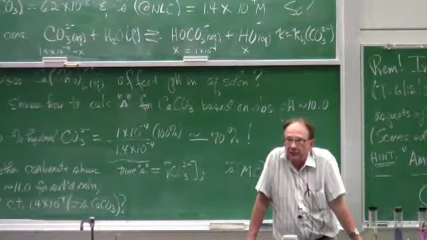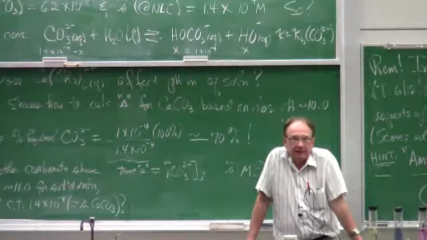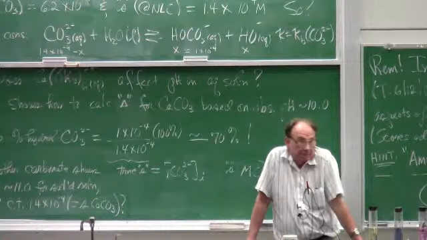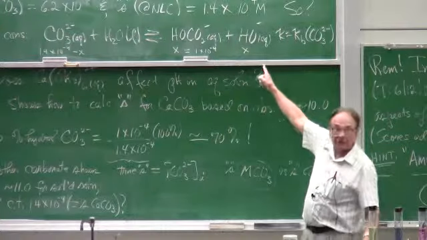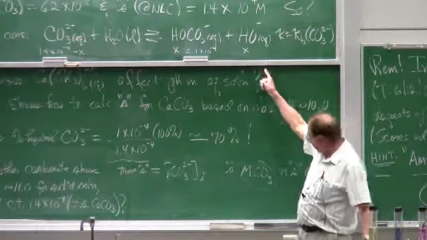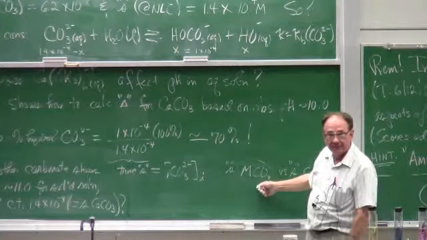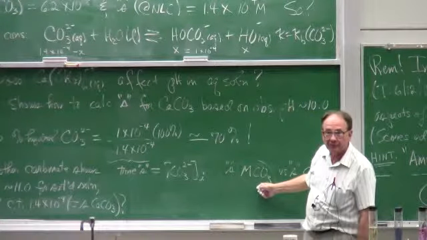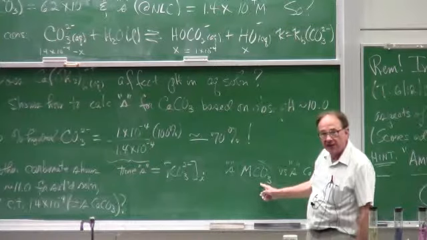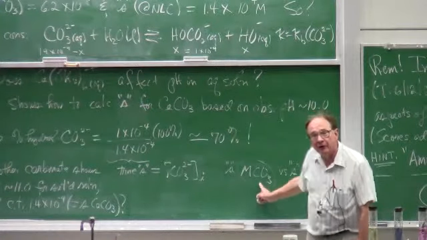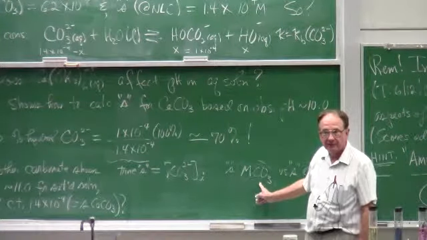Which one has the higher initial molarity of carbonate ion? Which one made the higher pH? Which one caused the creation of more hydroxide ion? This stuff did. So I had to have a higher solubility for this stuff, because the higher pH is telling me that for this stuff I'm putting more carbonate ion in the solution.